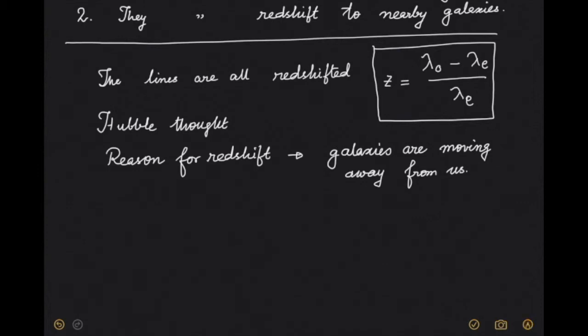Okay, so if you think of that reason, the galaxies you can think of are moving away from us with a velocity v, and this velocity divided by the speed of light he interpreted as redshift. So if I know what my redshift is, I can get this velocity, just multiply z with c. Okay.